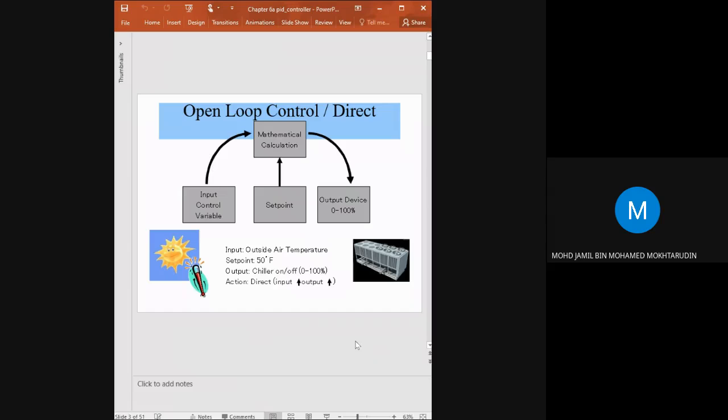So we have learned so far about the open loop control system. So for an open loop control system, let's say, for example, an aircon.